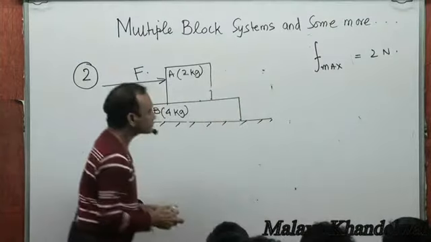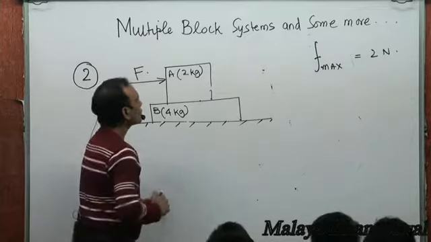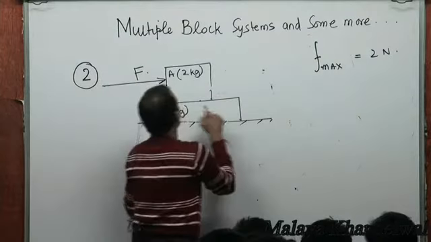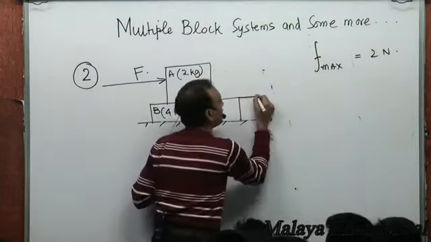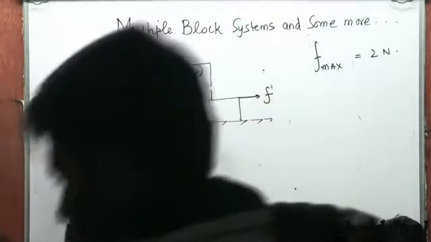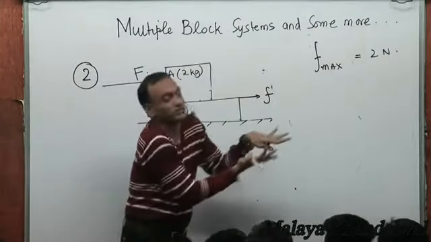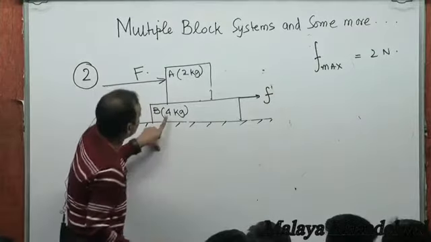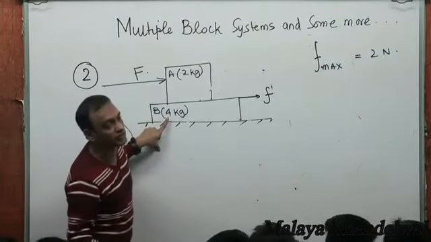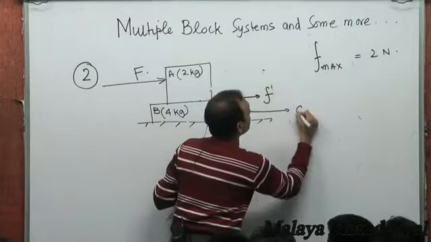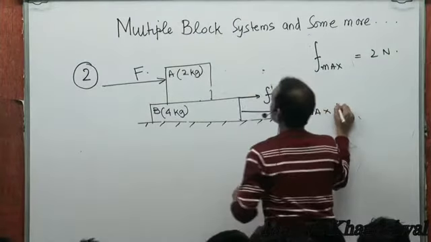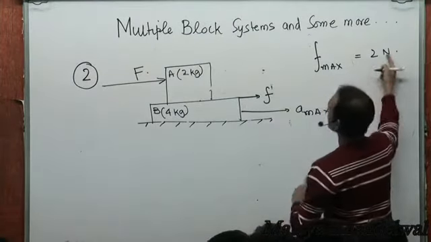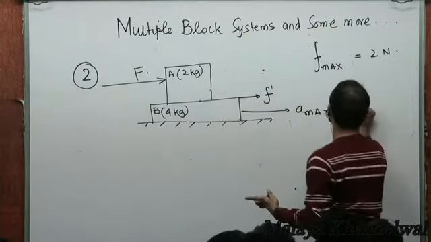Now, look, what is the maximum value of force that A can exert on B in the rightward direction so that they can move in synchronicity? 2 newtons. And this will govern the maximum possible acceleration of B. So maximum acceleration of B is going to be 2 by 4, which is half a meter per second squared.